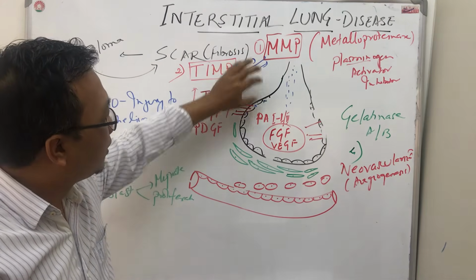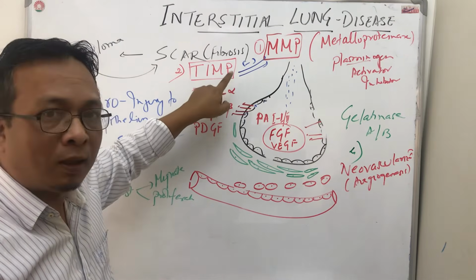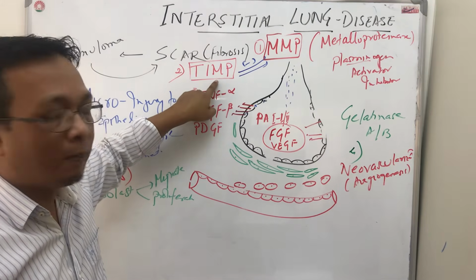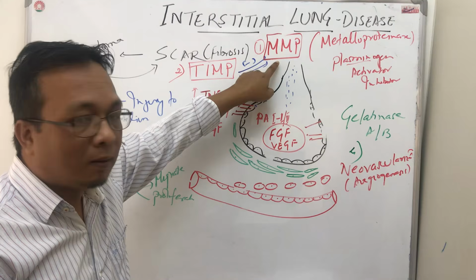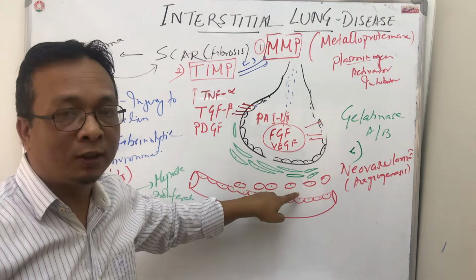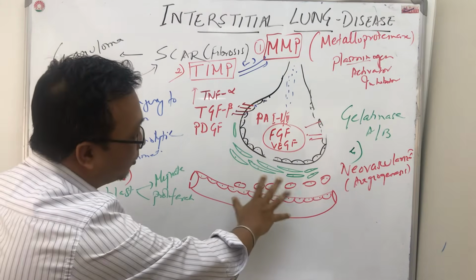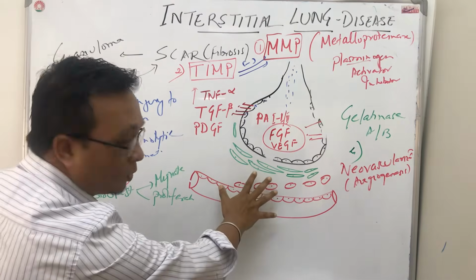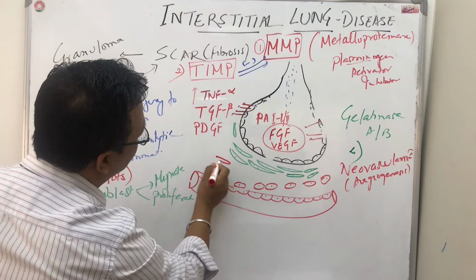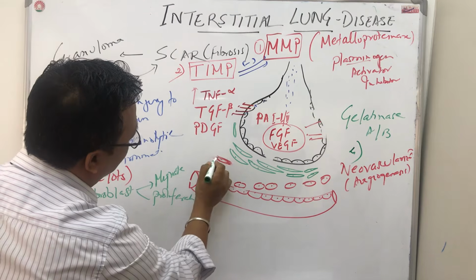Same thing here, in the whole process of interstitial lung disease, there is an upsetting of the balance between tissue inhibitor metalloproteinase and metalloproteinase enzyme. As a result, angiogenesis or neovascularization develops. This balance upset is not only favoring angiogenesis, it is also causing more and more fibroblast deposition.